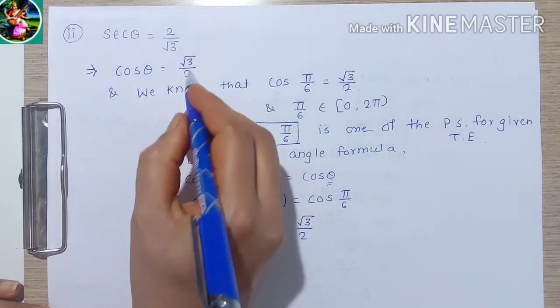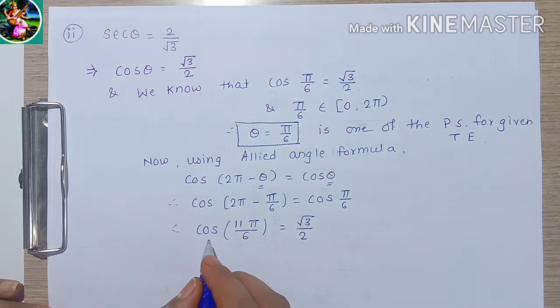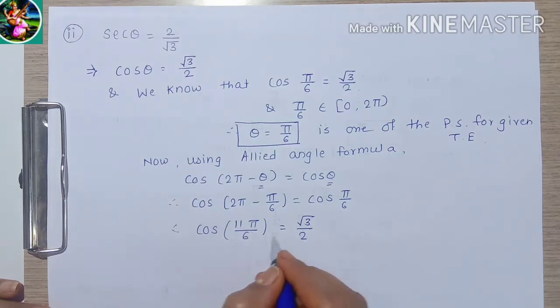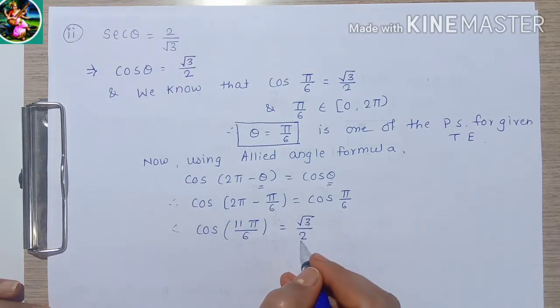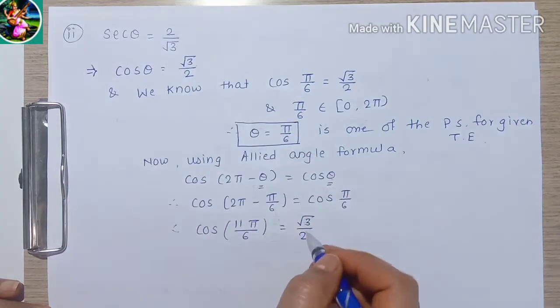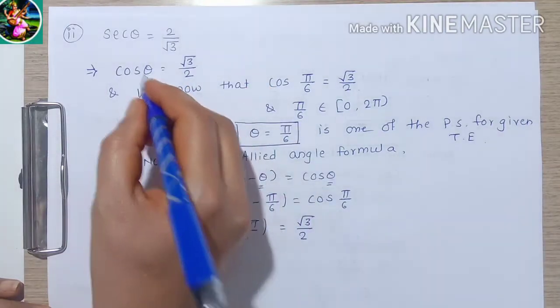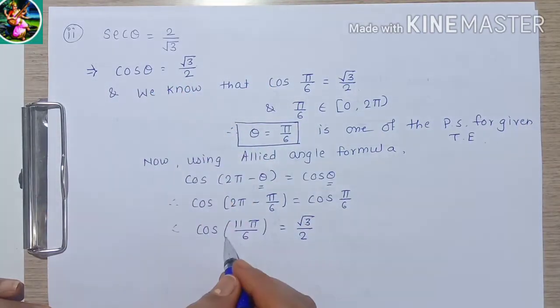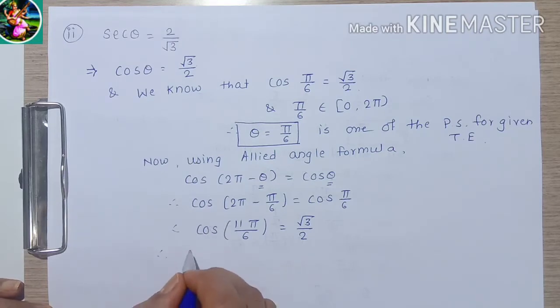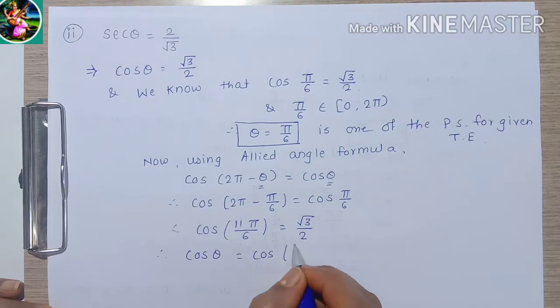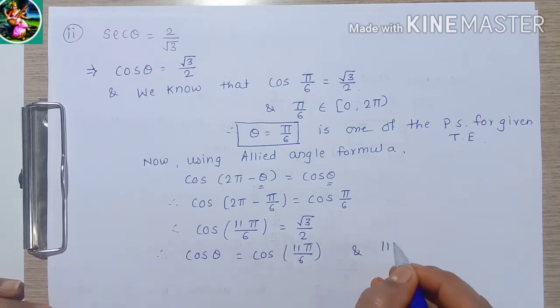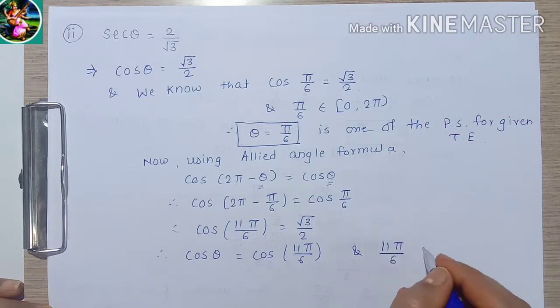Here cos theta is equal to root 3 by 2, and cos of 11 pi by 6 is also root 3 divided by 2. Their right hand sides are equal. Therefore, we write their left hand sides equal. Therefore, cos theta is equal to cos of 11 pi by 6. And 11 pi by 6 lies between 0 to 2 pi.